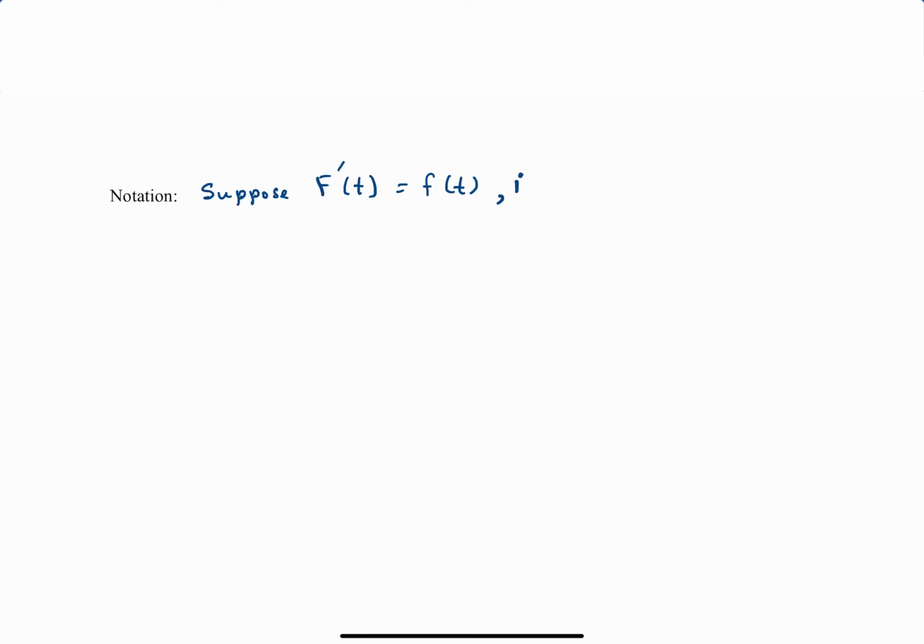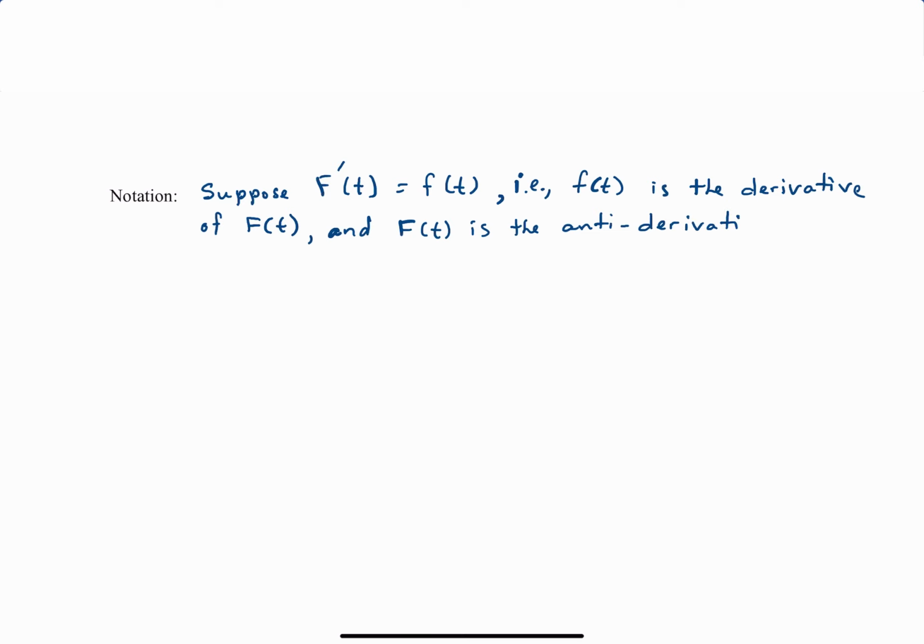In other words, little f of t is the derivative of capital F of t, and so we say that capital F of t is the antiderivative of little f of t.